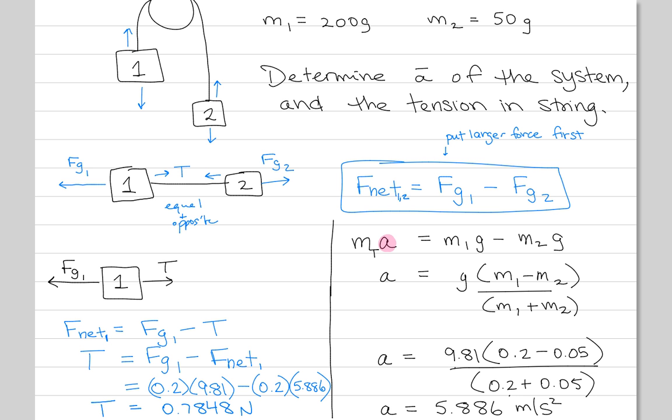Okay, so we have the tension, and we have the acceleration. And this is the free body diagram systems approach: when you look at it as a system, and then you look at it one at a time. Now I'll show you a simpler way, if you're good at math.